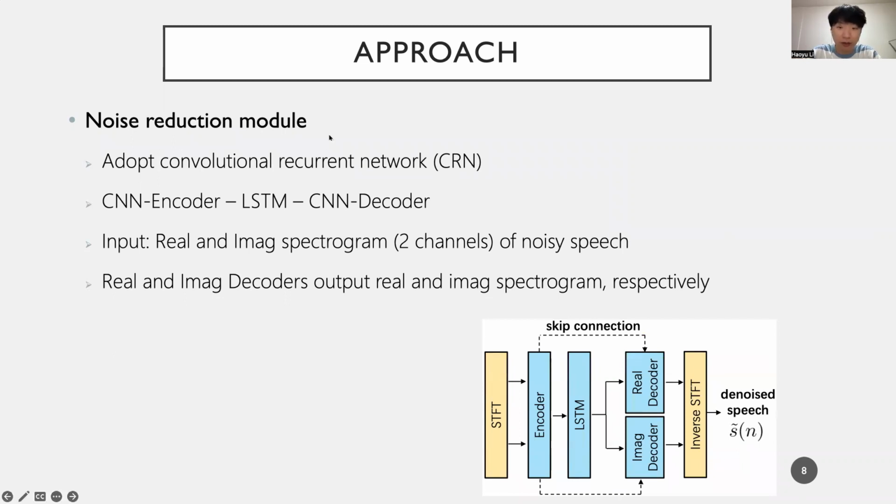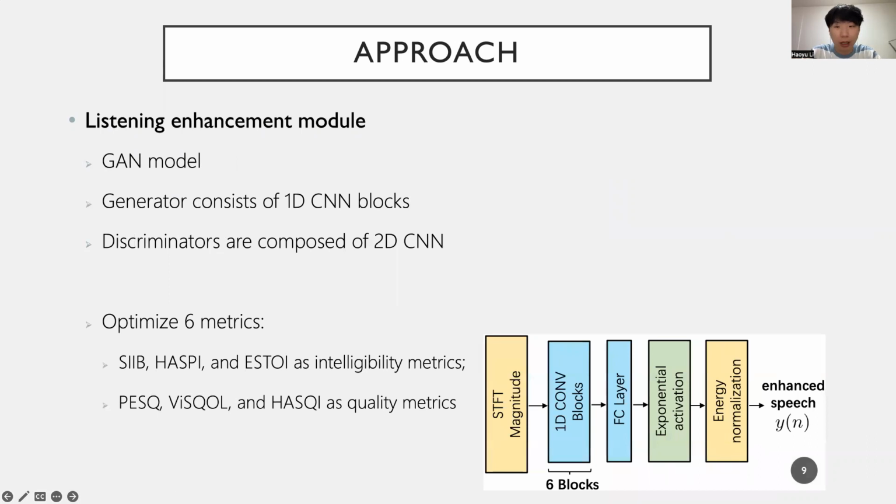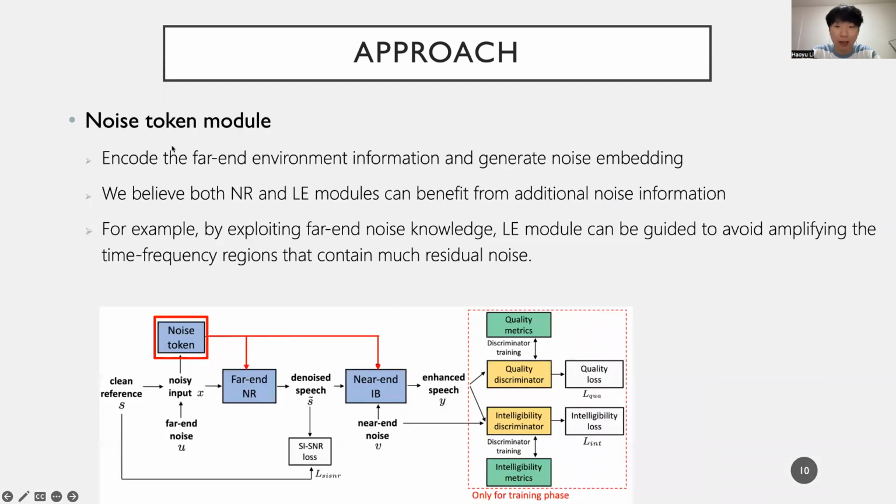For the noise reduction part, the main architecture we use is a convolutional recurrent network. The next is the listening enhancement part. The module is constructed as a GAN model. The diagram of the generator part is given here. It consists of a few 1D CNN blocks. And lastly is the noise token module.